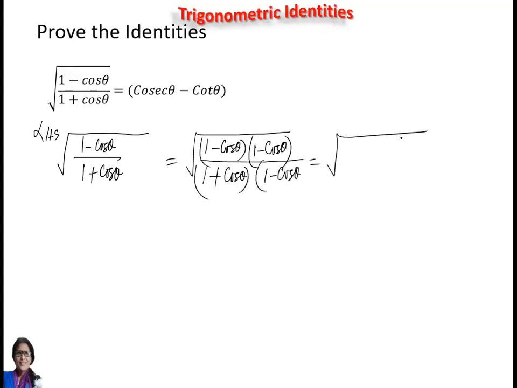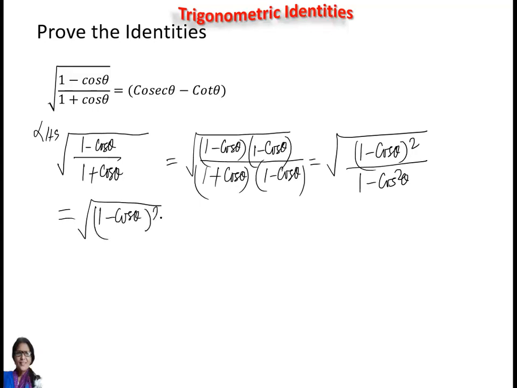So in the numerator I'll get a square. In the denominator I'll get 1 minus cos square theta, a plus b into a minus b. Here I am getting 1 minus cos theta whole square. In denominator I am getting sin square theta.